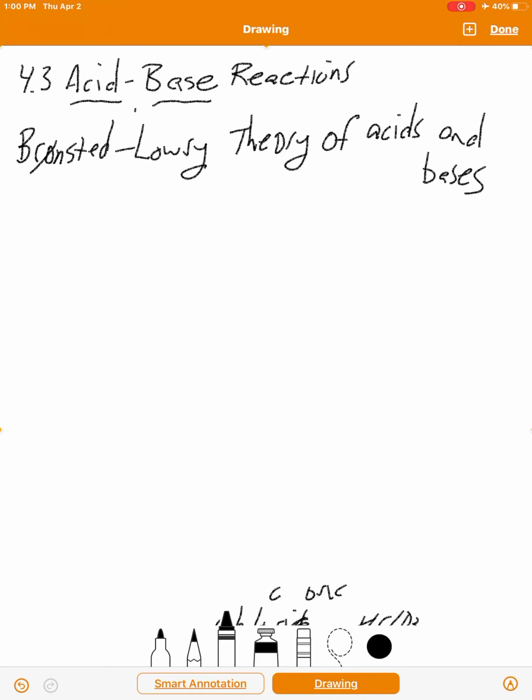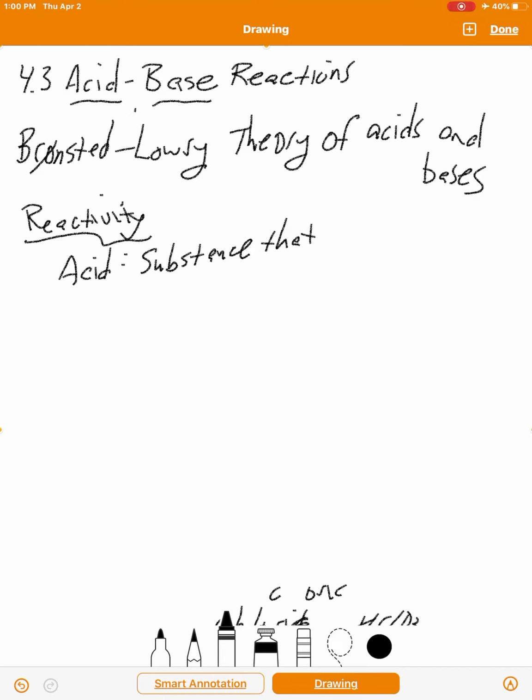The Bronsted-Lowry theory takes into account that the way we define acids and bases is based on reactivity, how they behave. And so an acid, a Bronsted-Lowry acid, is considered a substance that transfers a hydrogen ion to another substance.